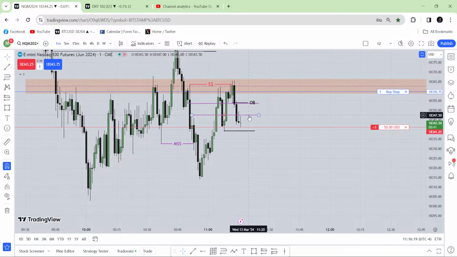If it touches the low one more time, I'm gonna add one more at this low. If it touches here, I'm gonna add one more. I know it's gonna be a huge loss, but yeah, it is what it is.